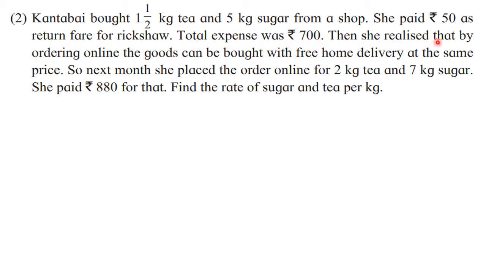Then she realized that by ordering online the goods can be bought with free home delivery at the same price. So next month she placed the order online for 2 kg tea and 7 kg sugar. She paid rupees 880 for that. Find the rate of sugar and tea per kg.